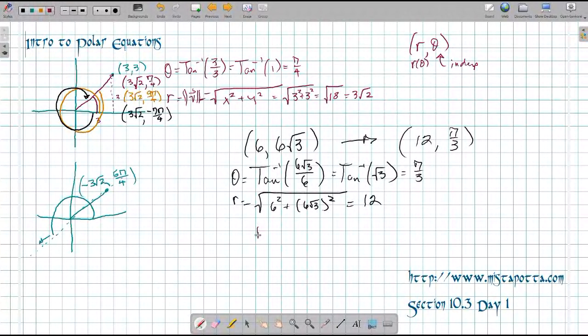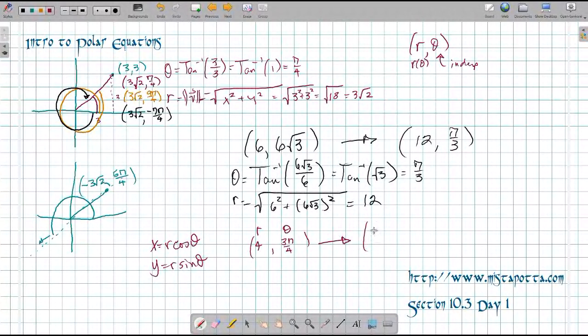If I had an r and a theta that were, say, 4 and 3 pi over 4, I could use that same idea that we had back in our vector discussion, where x is equal to r times the cosine of theta, and y equals r times the sine of theta, to identify an x and y coordinate.